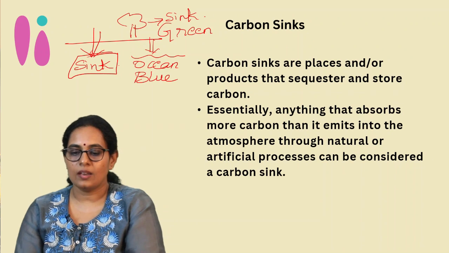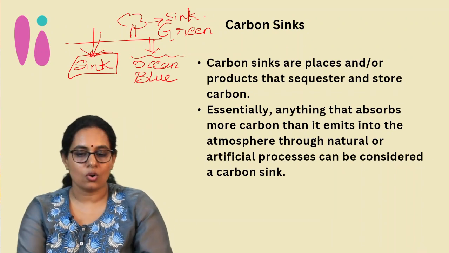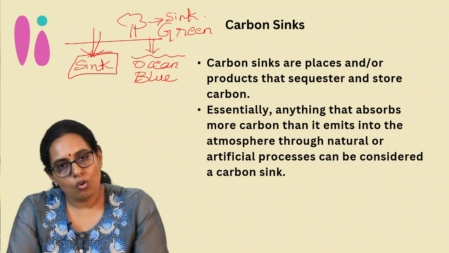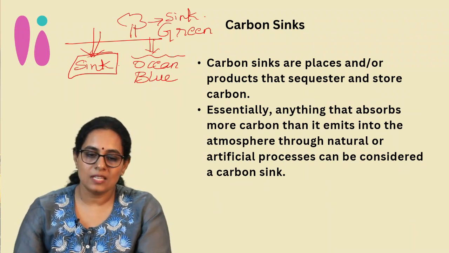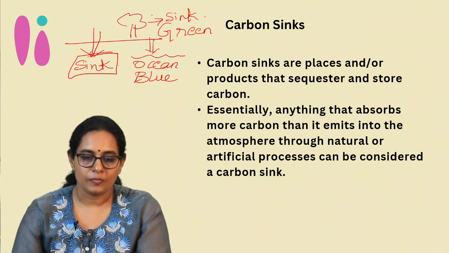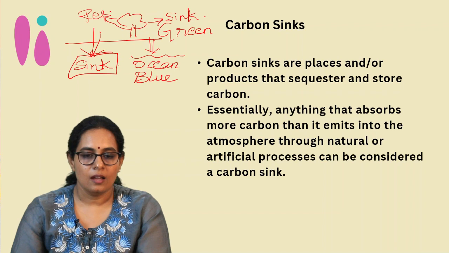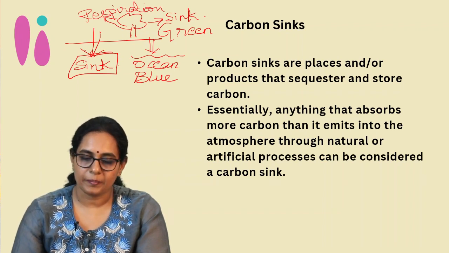The place where carbon is stored is called as a carbon sink. There is always some type of seepage from the sinks. For example, if you see from the plants during respiration at night, carbon seeps back into atmosphere.